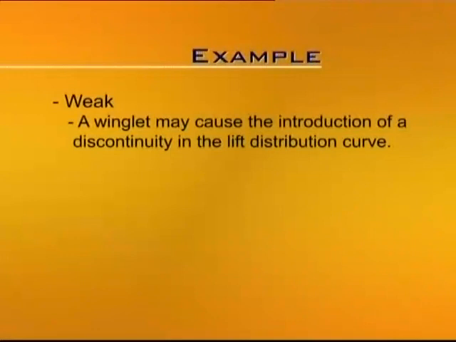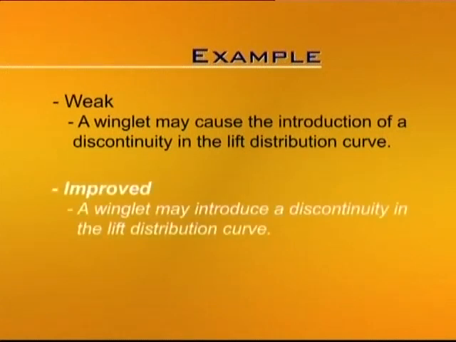Let's have a look at some examples which will clarify this point further. A weak version with nominalization is, a winglet may cause the introduction of a discontinuity in the lift distribution curve. अब यहाँ the introduction of जो है वो हमने nominalization कर दी और 3 अल्फाज़ इस्तेमाल किए.